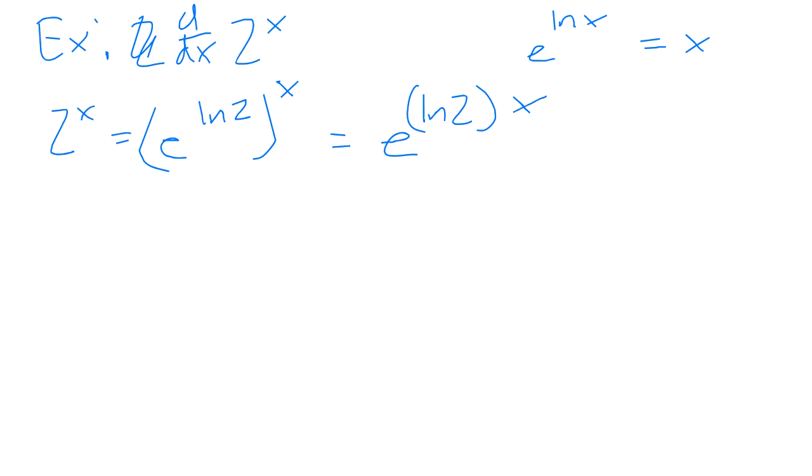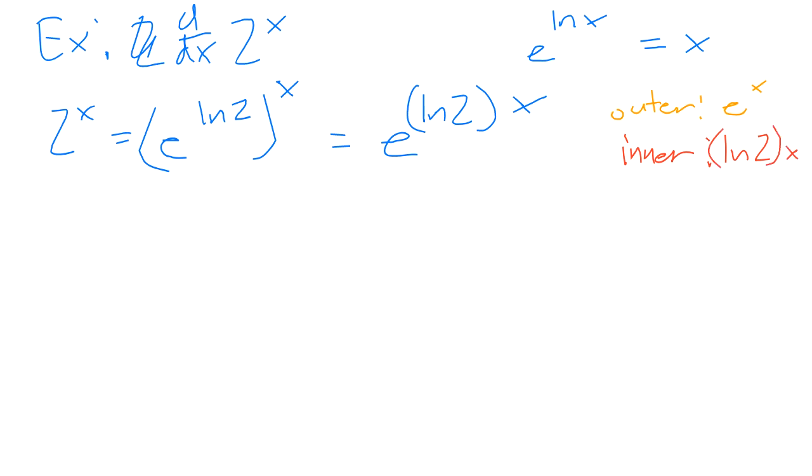Now we're in a spot where we can apply our chain rule, because in this case, our outer function would be e to the x, and our inner function would be the natural log of 2 times x.